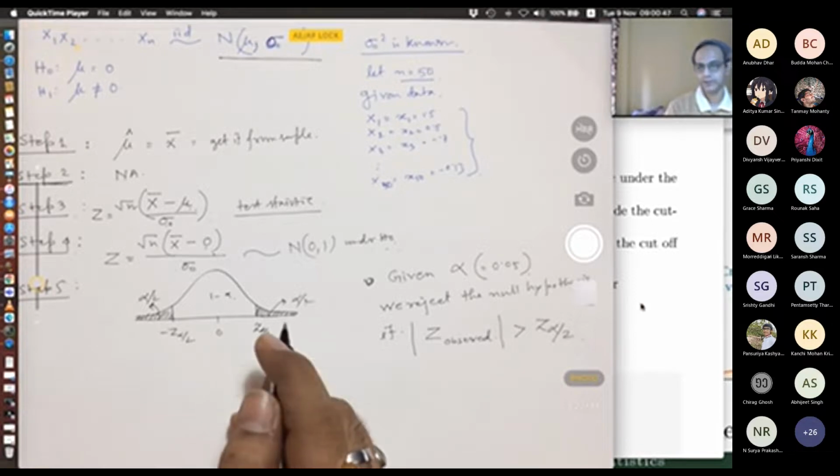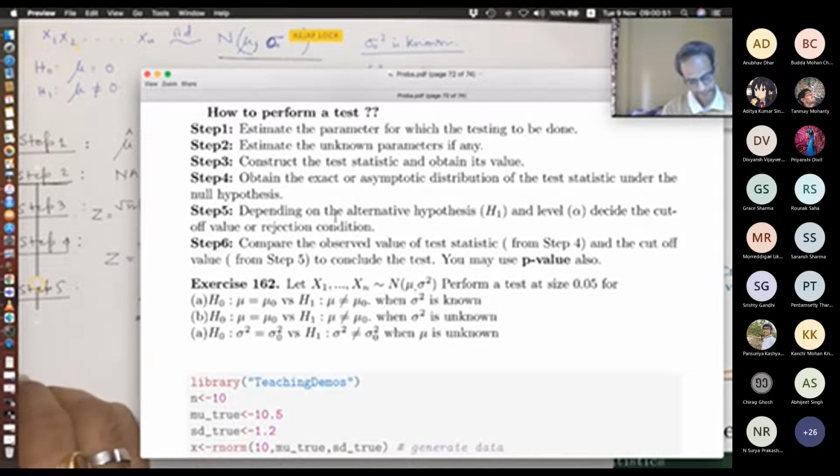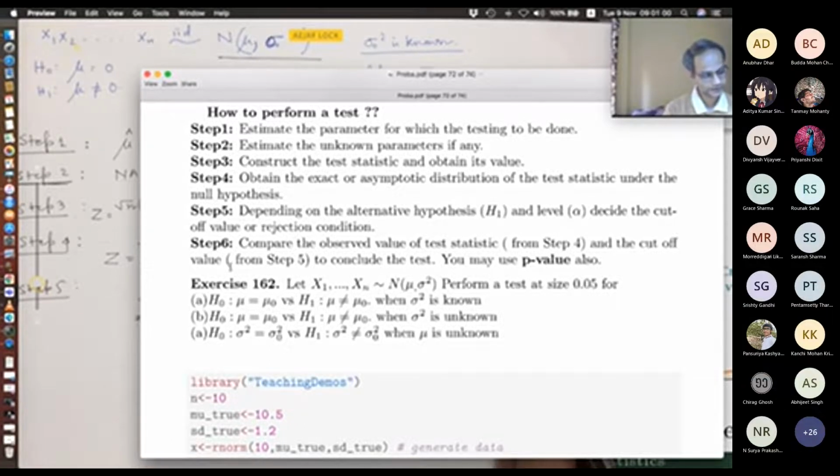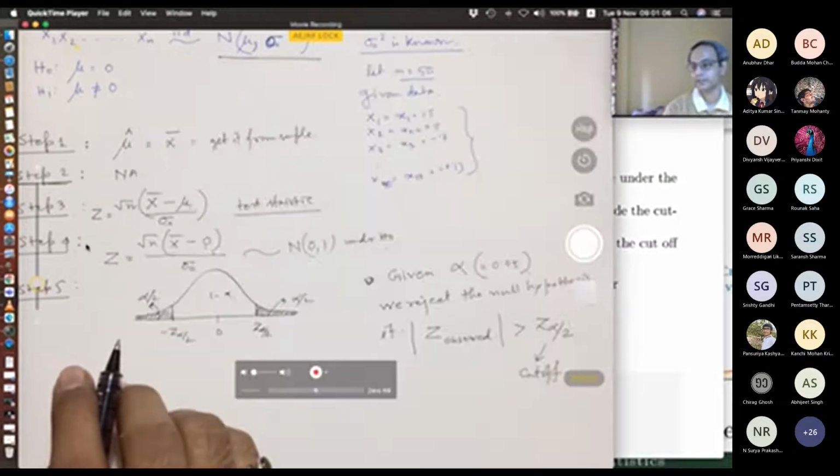Now, suppose you got, the last step, that compare the observed value of the test statistic from step 4 and the cutoff value. Cutoff value is Z alpha, this is the cutoff value, and conclude the test.